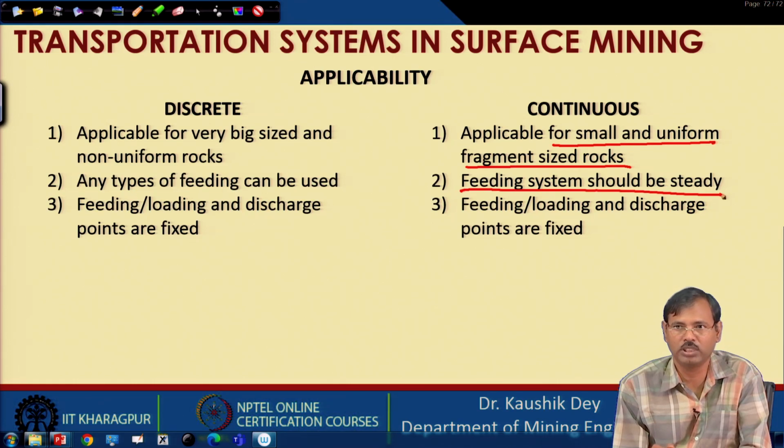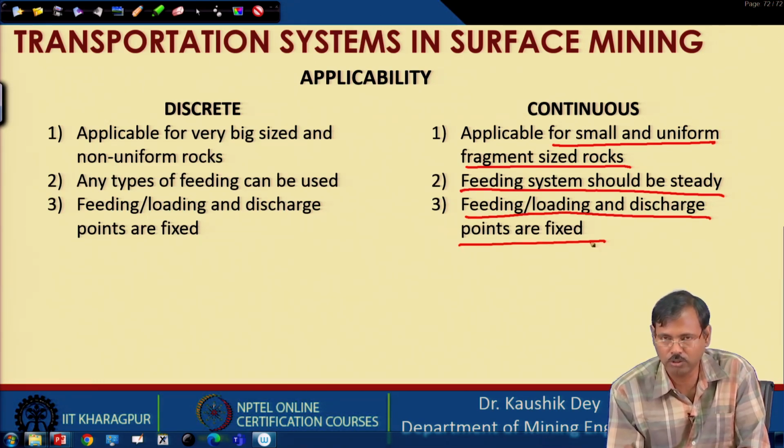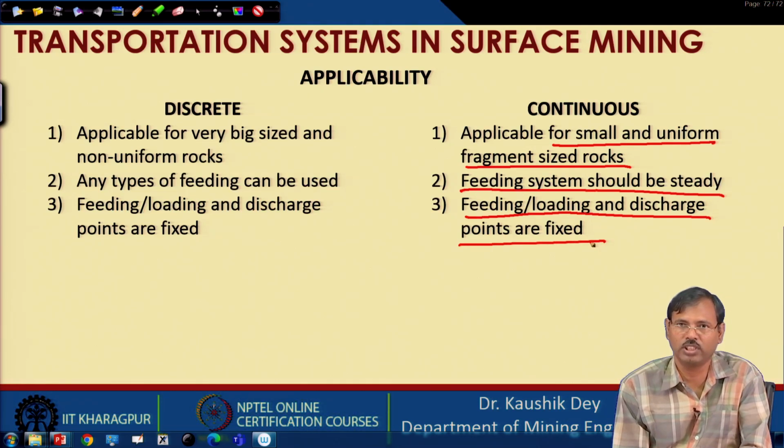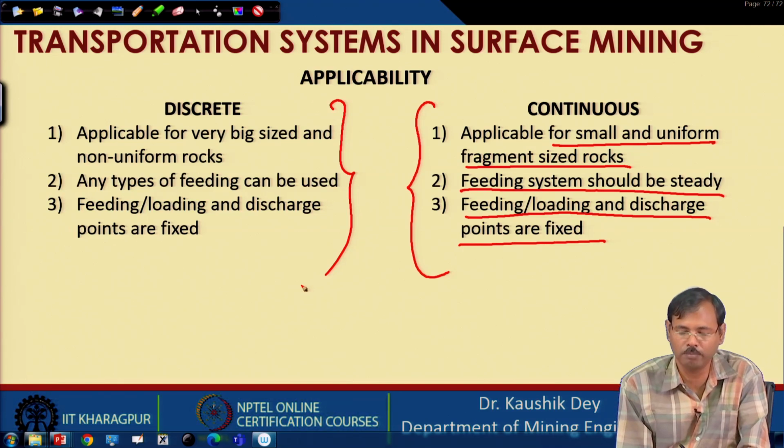The material has to be taken in the conveyor through the feeding system only, and the feeding and discharge points are also fixed. That means the conveyor system has to take material from one point and discharge the material at a particular point. This type of flexibility is not available with the continuous system, which is available in the discrete system.